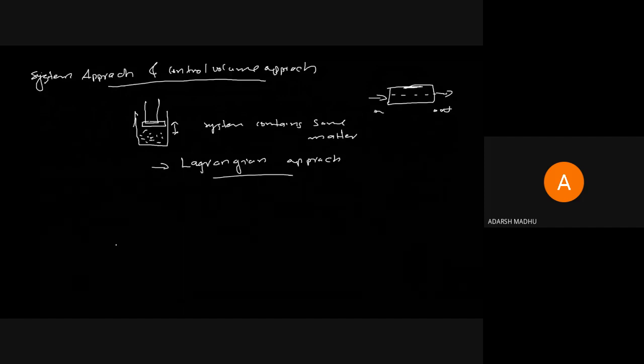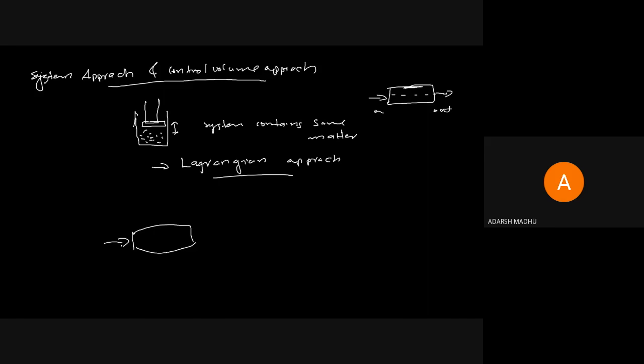Next one is the control volume approach. As I said, we are considering a volume in space. Matter is coming in here and matter is leaving here. There is no fixed mass or fixed matter inside the system. So the study of a system where matter flows continuously through a volume can be treated as the control volume approach.